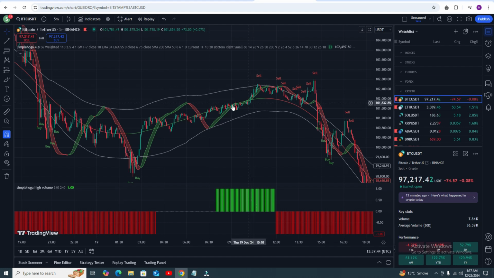If the market goes downside and you're getting a buy signal, you need to open your second position. Both will give you good profit. Like this one, this position will give you a very small profit, but if you get one more entry at this point, then definitely both entries will give you some awesome profit.